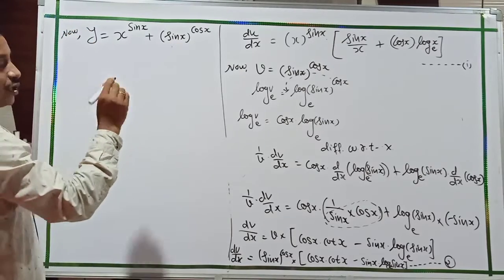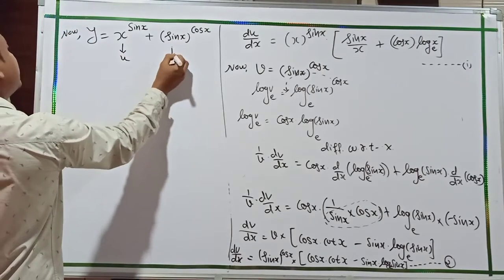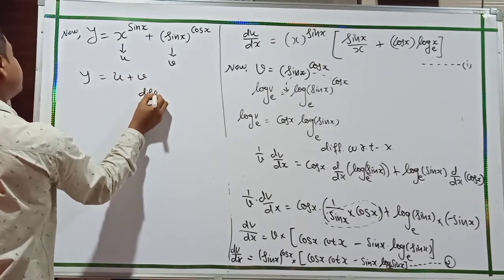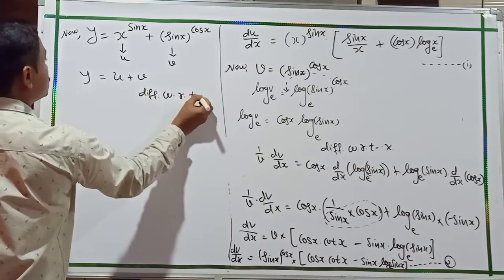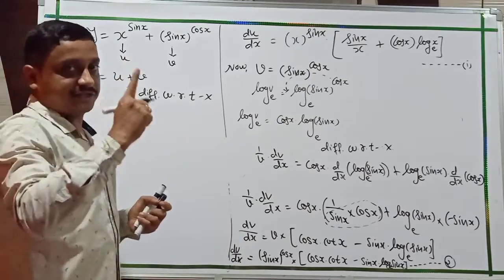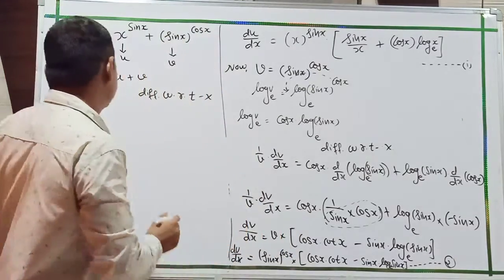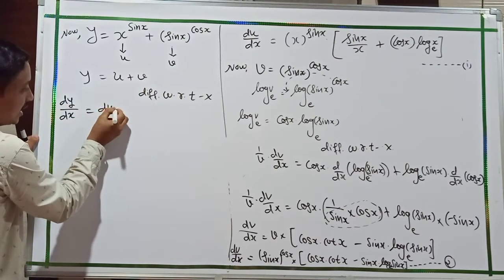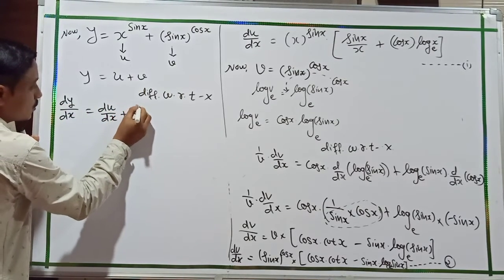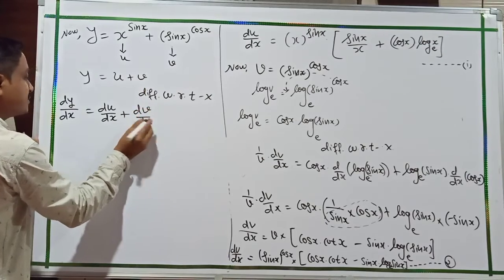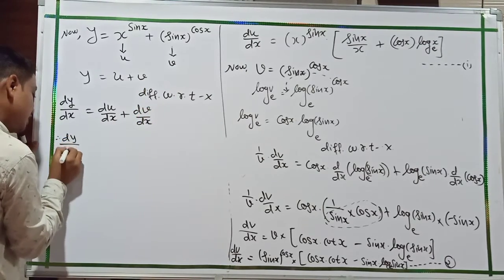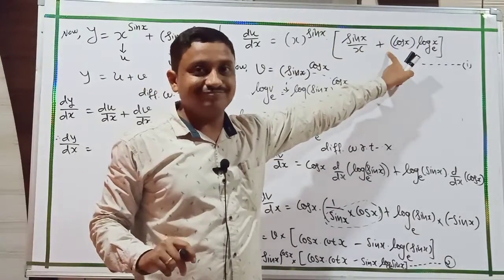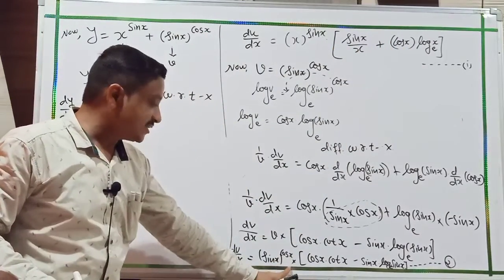Here I already assumed u and v, so y is equal to u plus v, and differentiation with respect to x. Finally dy by dx is du by dx plus dv by dx. So you just put the value of du by dx from equation 1, and the second dv by dx is this.